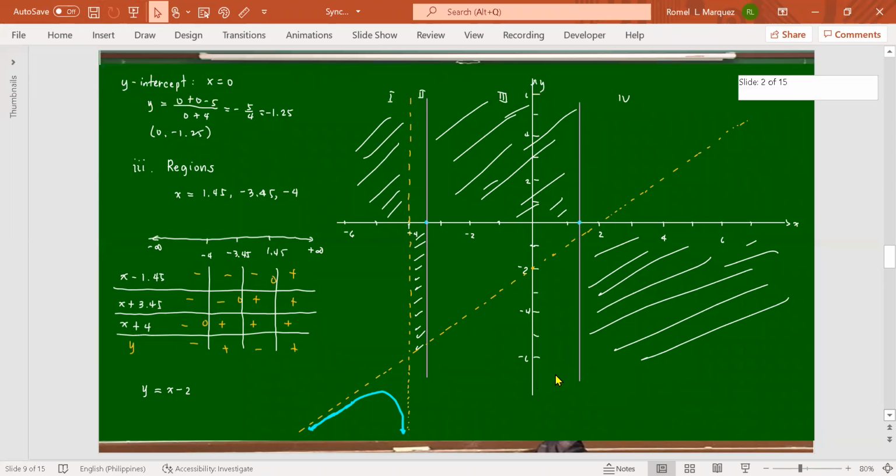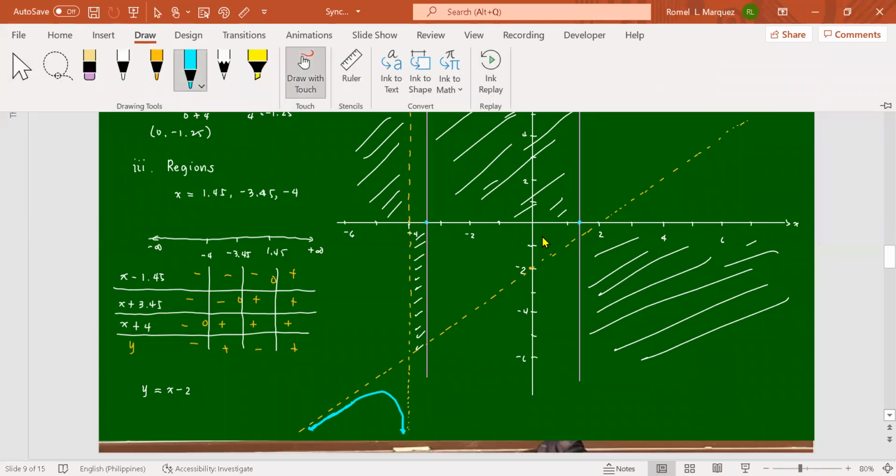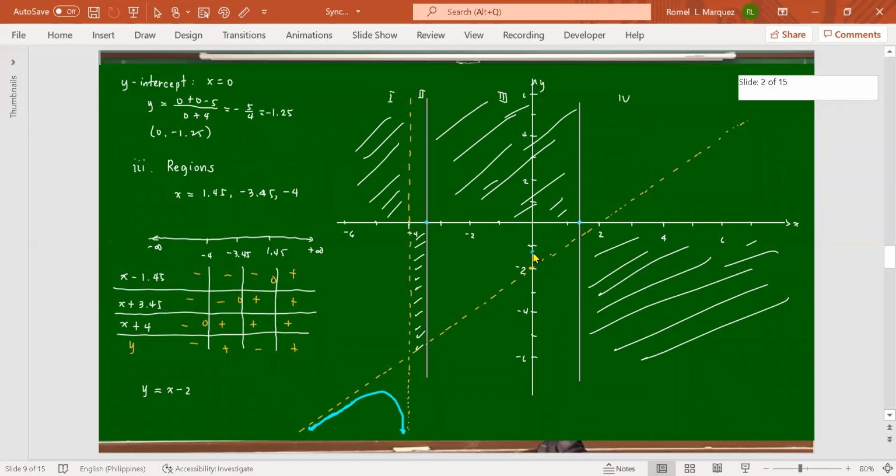Teka, itong point na to, medyo nag-move. Okay. Nasaan na? Yung ating point, guys: 0, negative 1.25. Okay, somewhere here. Tama ba, guys?